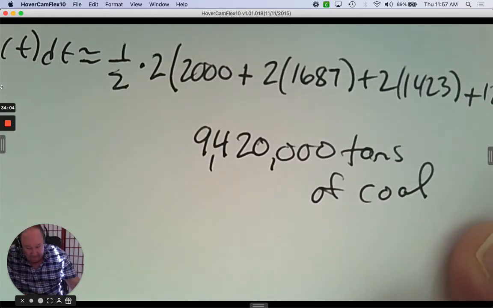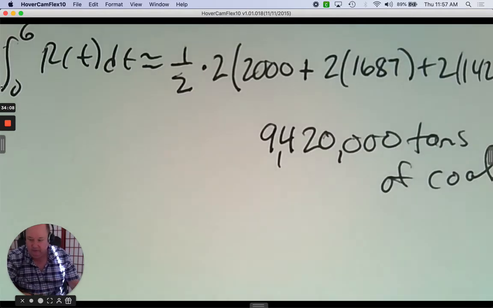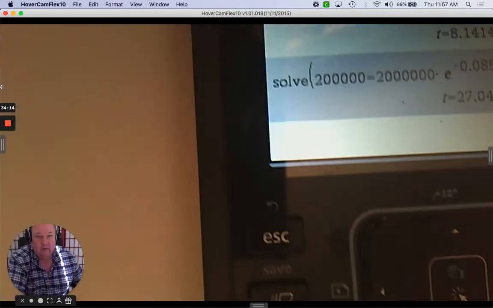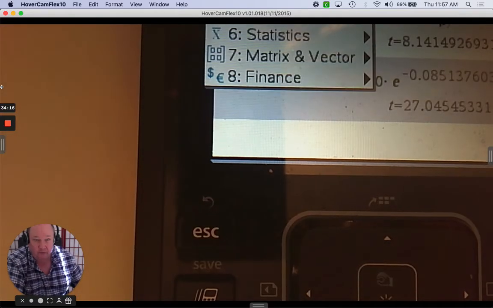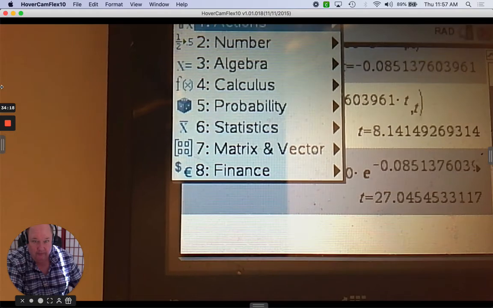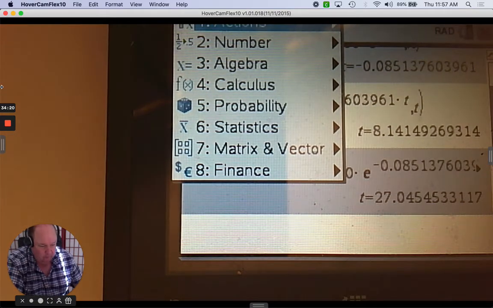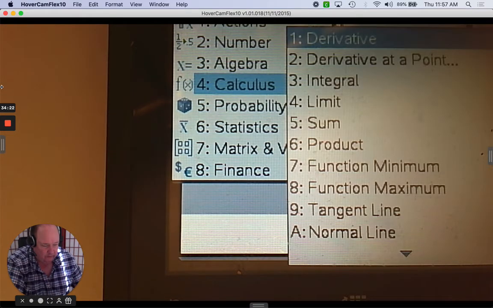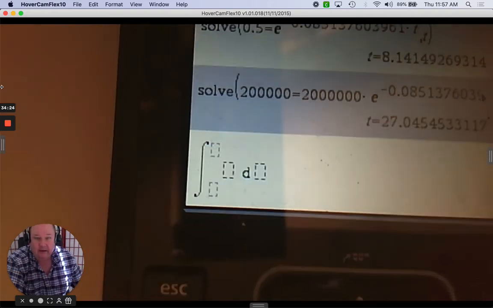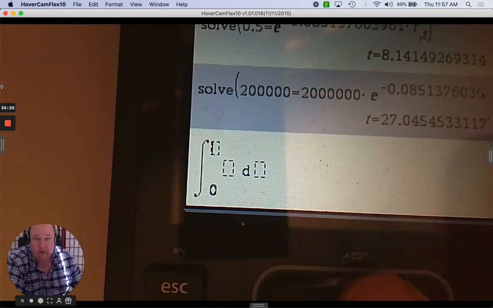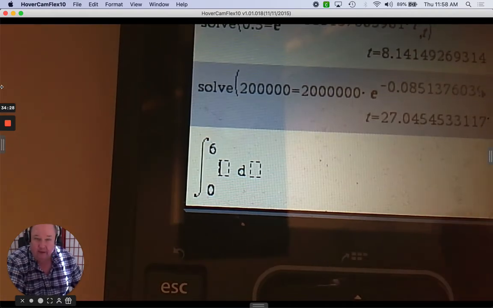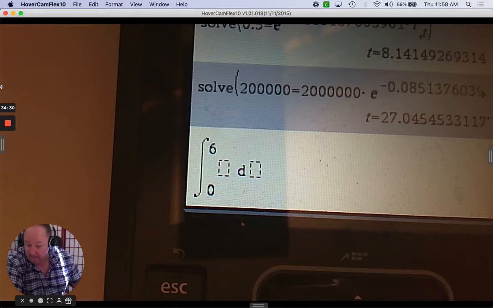And then in question number 12, use your calculator to find the actual value of it. So if I use my calculator to find the actual value, I go menu, actions, menu calculus, then integrate. And again, I'm integrating from 0 to 6. And the equation I put in is the one I found in question number 9.